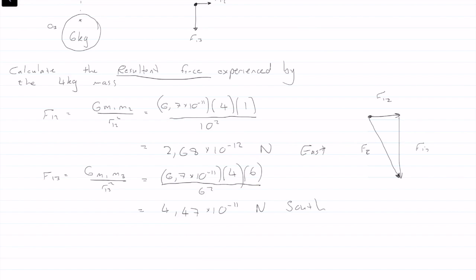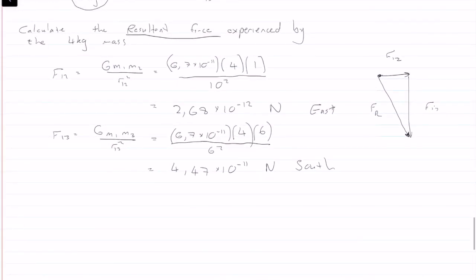To calculate the resultant force, I know this is a 90-degree angle. So F resultant is going to be equal to the square root of F12 squared plus F13 squared, and that's just from Pythagoras. Let's calculate that.